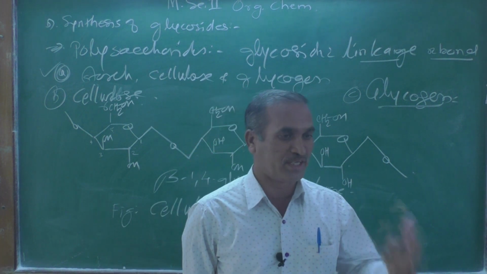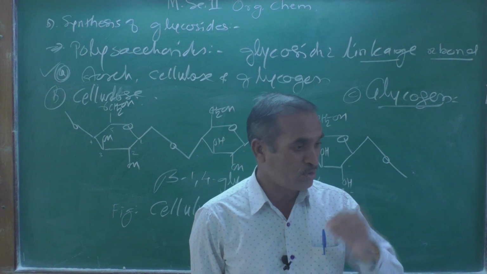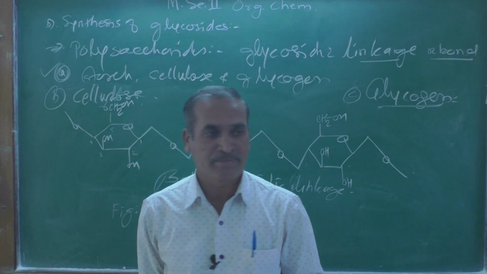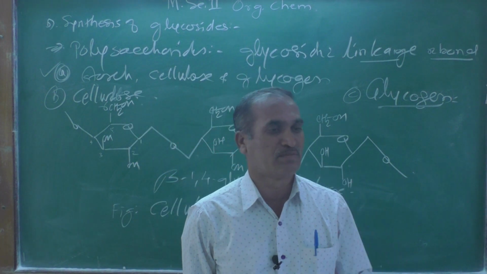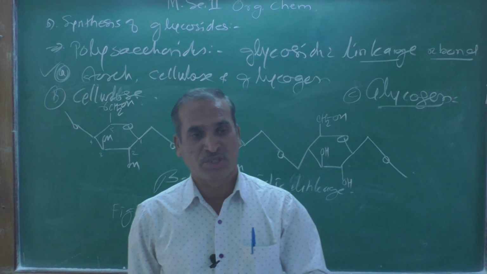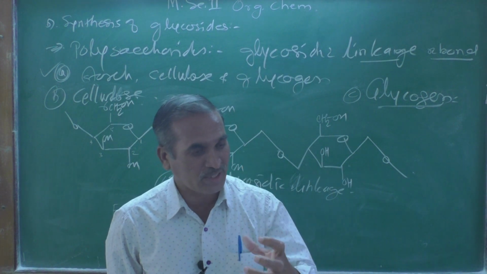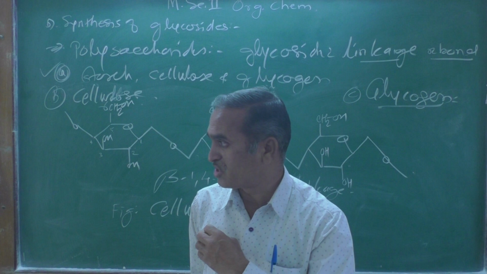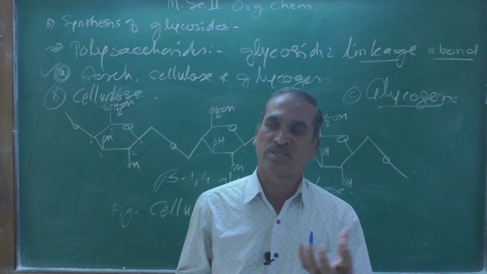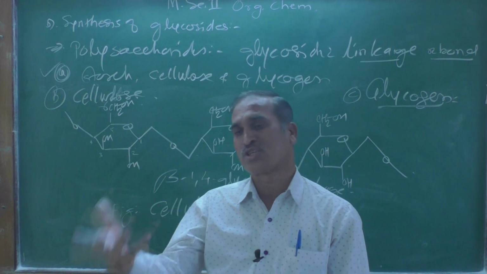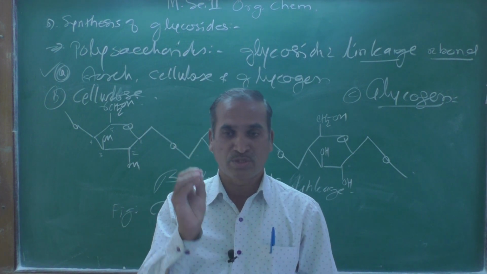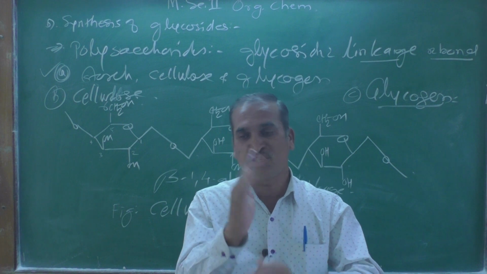What does it actually mean, how is the anomeric hydroxyl group important while forming, how does it become an electron donor or acceptor, in what condition, whether acidic or basic, how the reactions take place, and how very important it is from a research point of view. Therefore from tomorrow onward we are going to start the actual synthesis of glycosides.